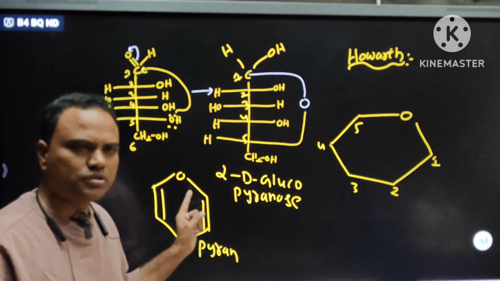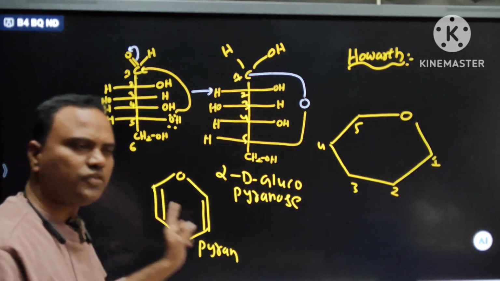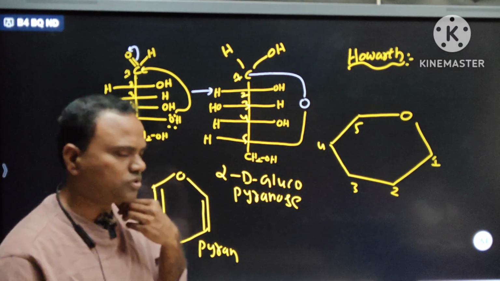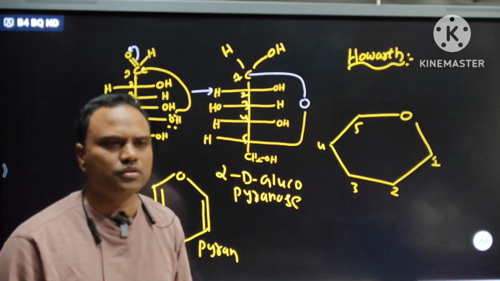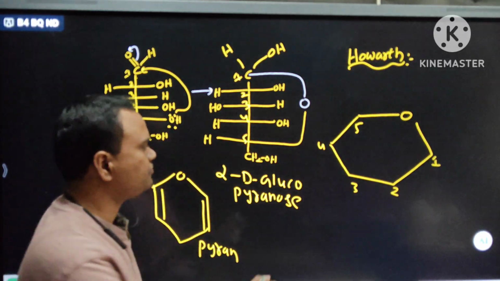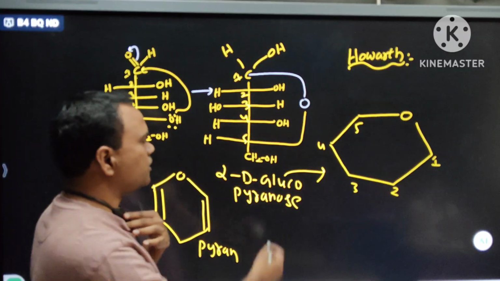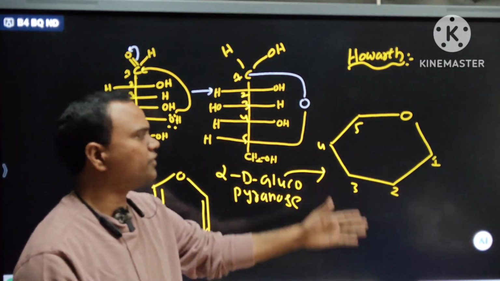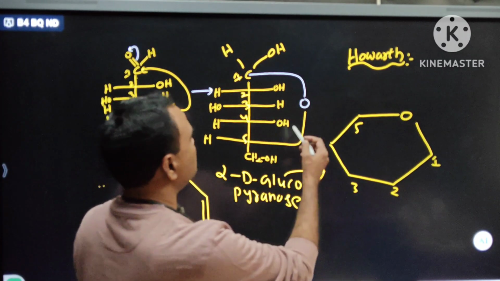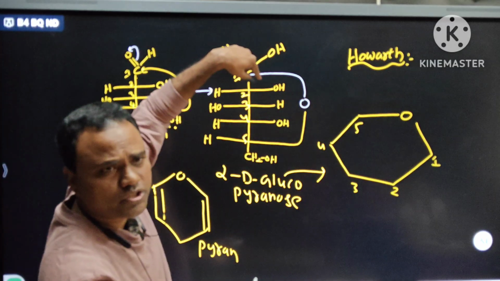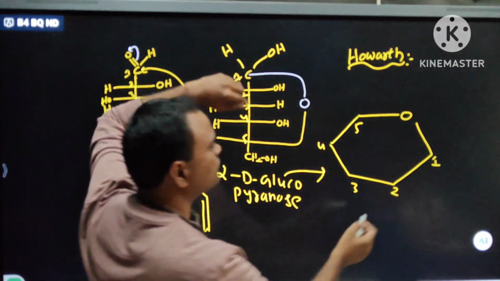In the pyran structure, the ring oxygen is present and 4 carbons are present, so it is pyranose. So its name is alpha D glucopyranose. This is alpha D glucose, glucopyranose.